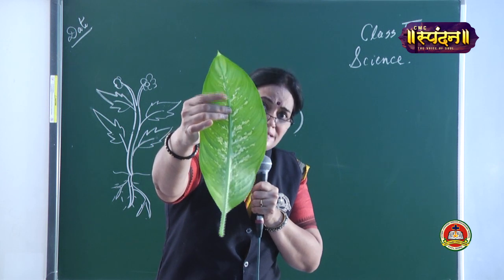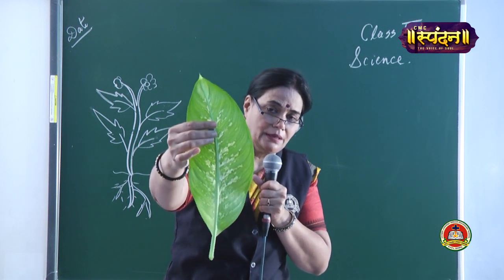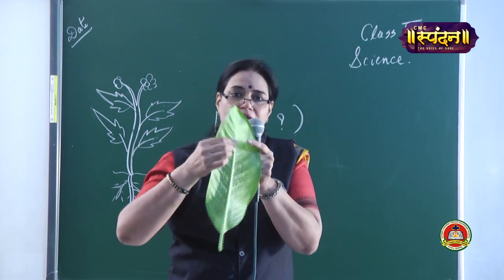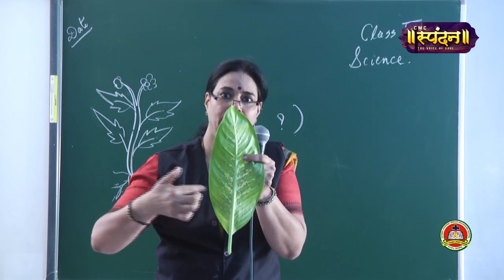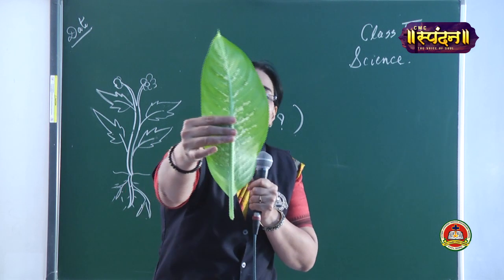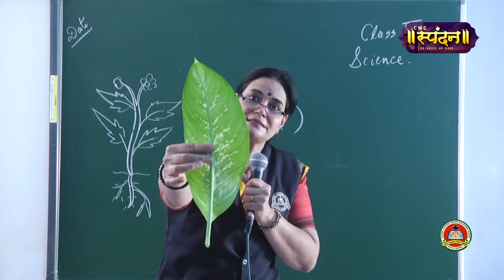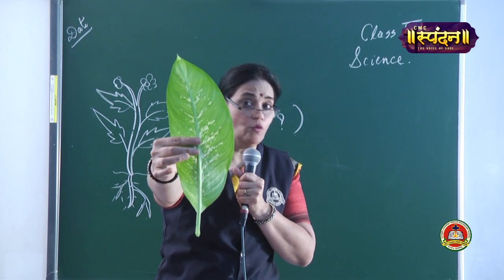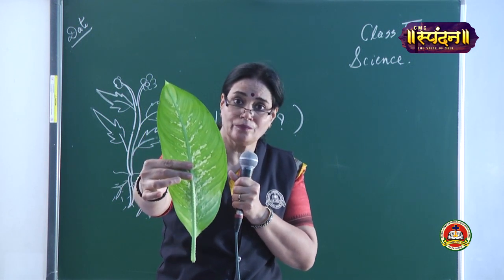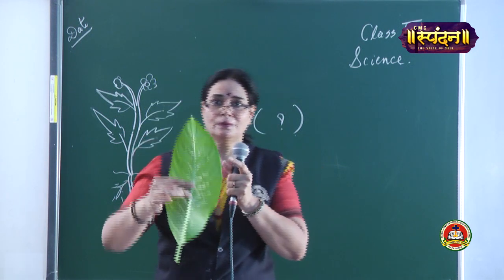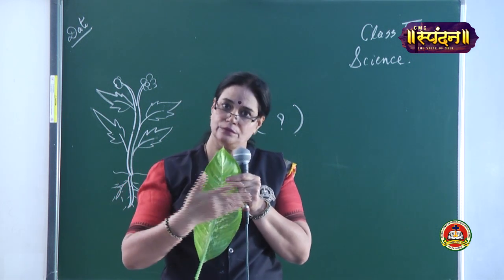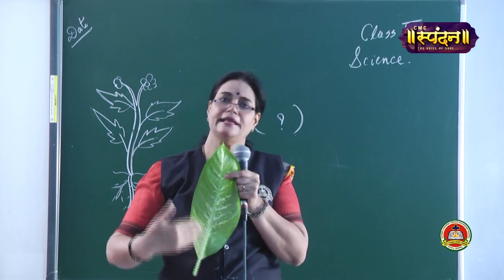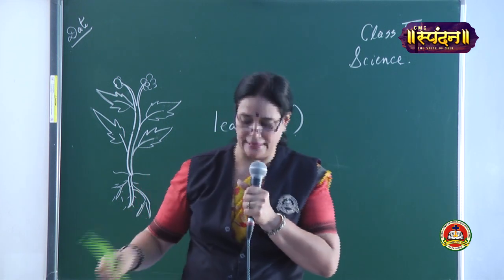This is called as midrib. Understood? Now can you see small veins coming out from this main vein? Can you all see? These are called as side veins. And what do these veins do? They take water and food from this part to that part. Within the leaf they circulate the things.